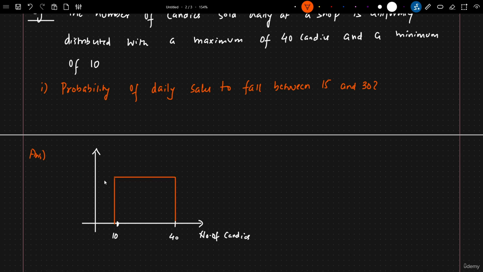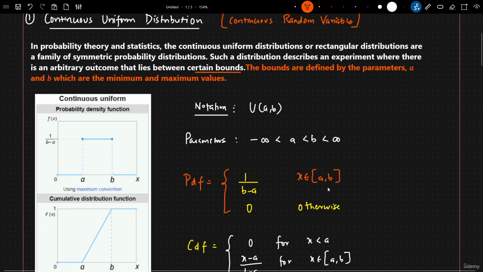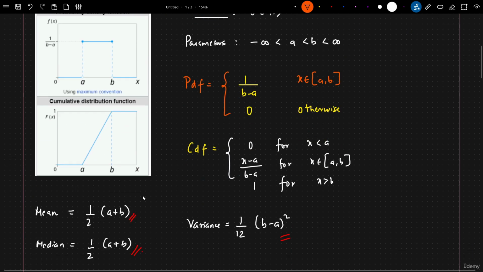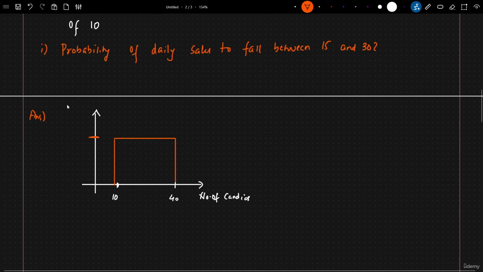The reason I'm drawing till here is that, according to the PDF, if my values range between 10 and 40, then it should be 1 divided by (b minus a). So 1 divided by (b minus a) is 1 divided by (40 minus 10), which is 1 by 30. Here you are able to see this.